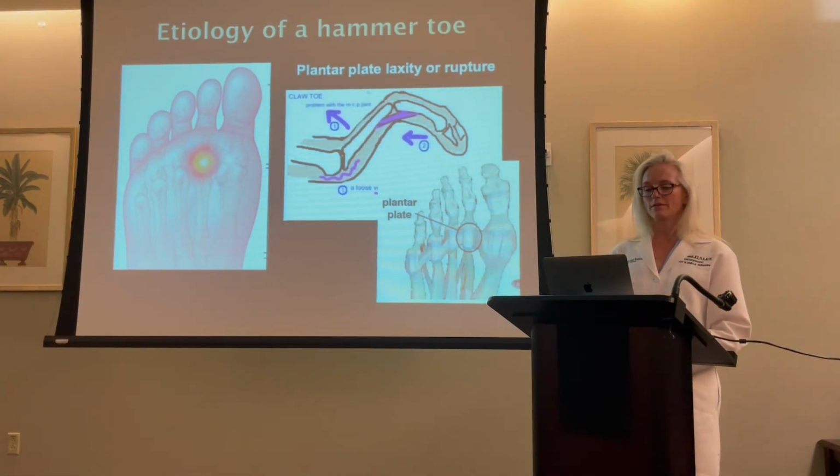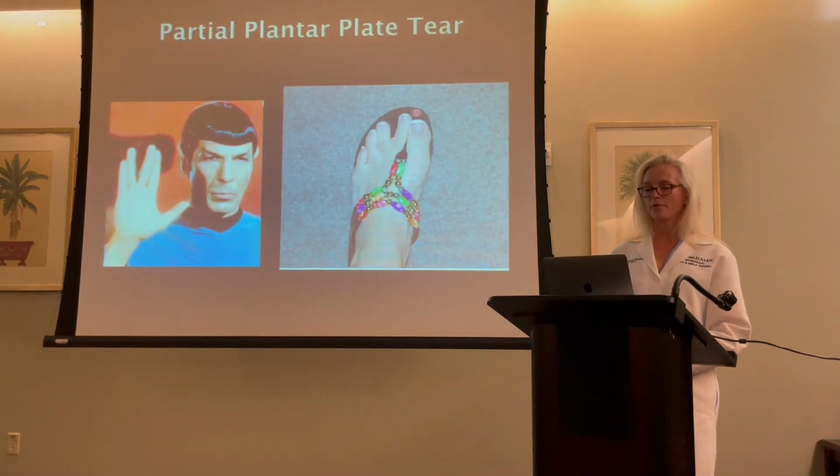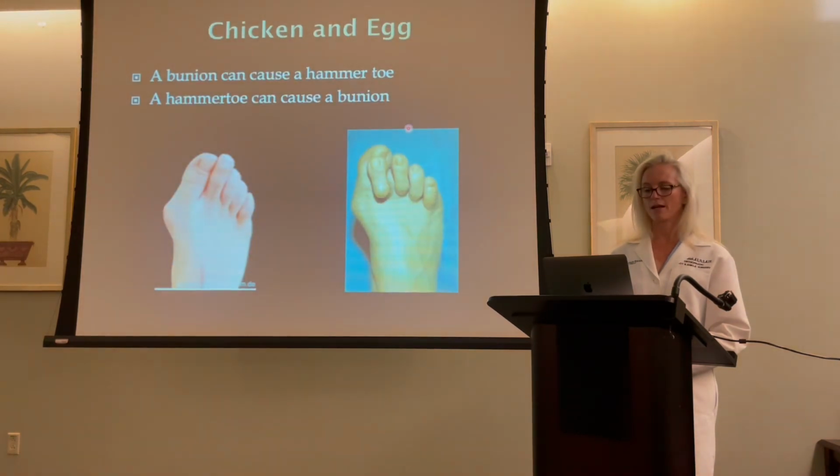The joint on the bottom, the capsule, gets broken down from too much pressure on it. The toe pops up. It can be partially torn on one side as opposed to the other side and then deviate off to the side. Typically, when the big toe comes over with the bunion, it tends to push that second toe up, causing a hammertoe.